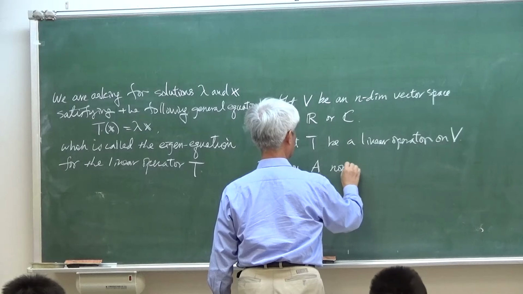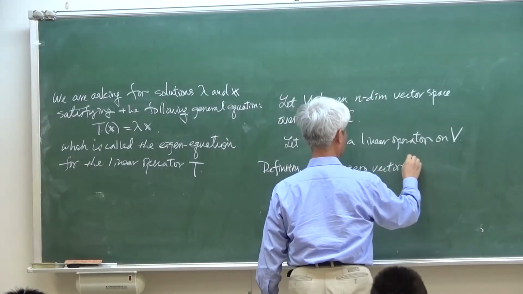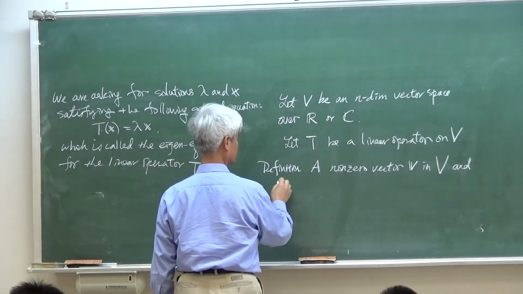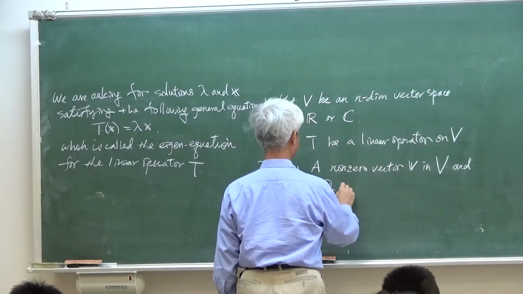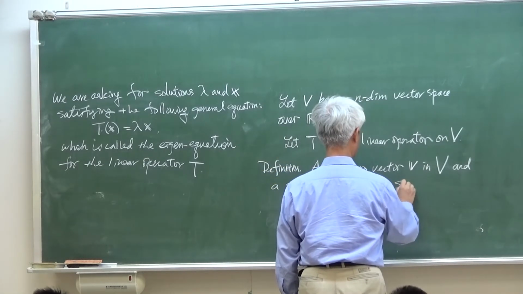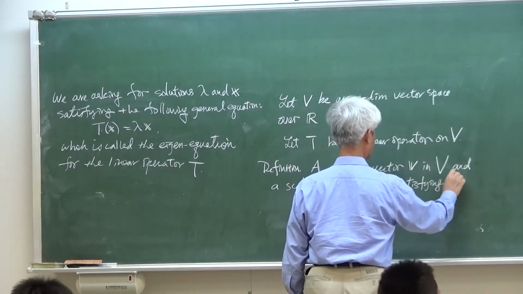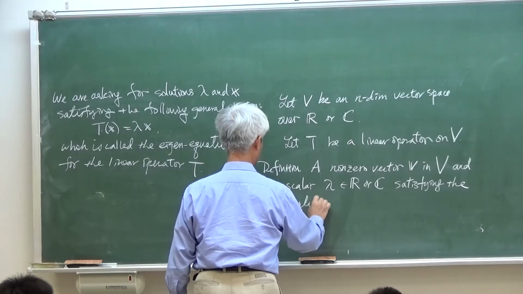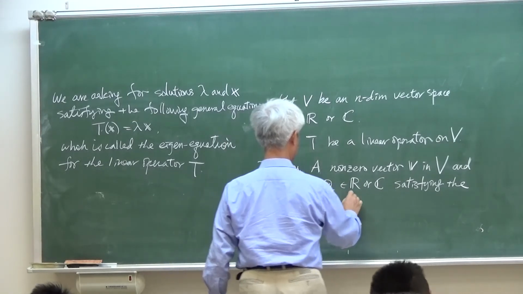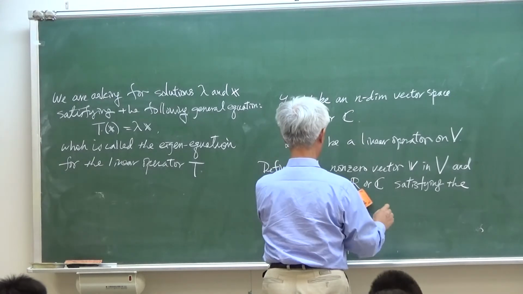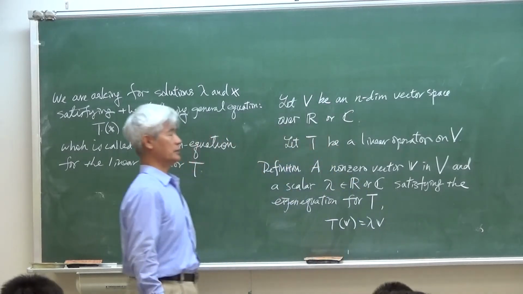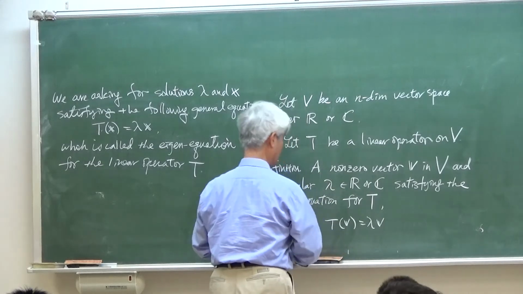A non-zero vector v in the vector space and a scalar lambda satisfying the eigenequation for T. It is defined with a non-zero vector, which is very important.